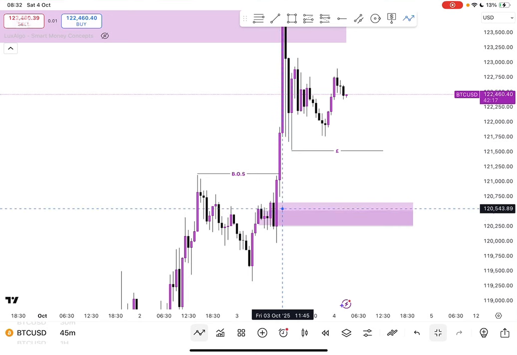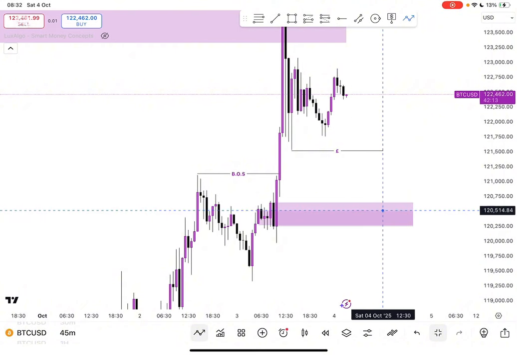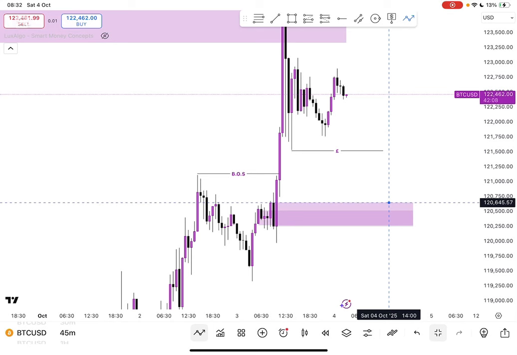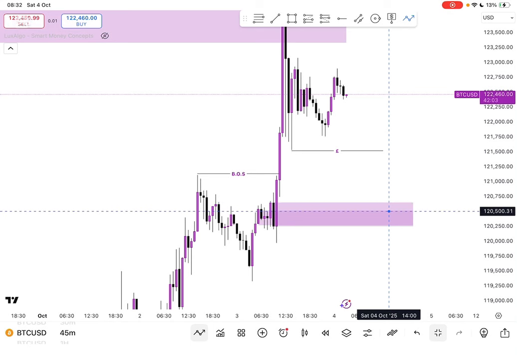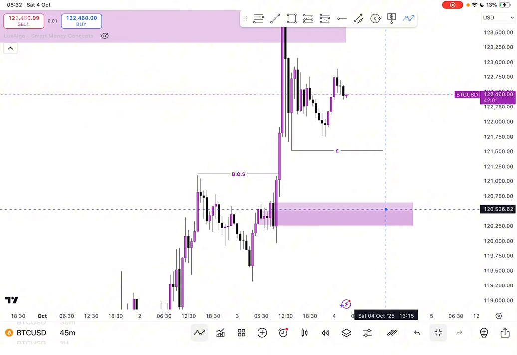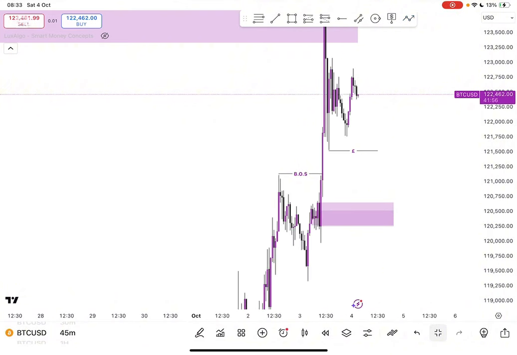You understand? Making that place a strong POI. Making that 1 hour order block a strong POI. But then I might use this 45-minute time frame order block, or still stick to the 1 hour time frame order block.